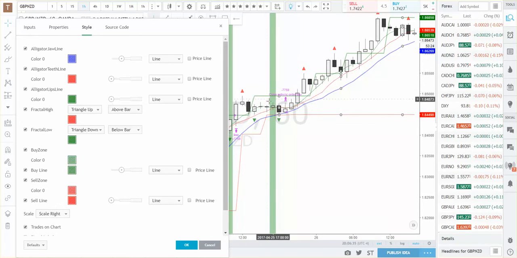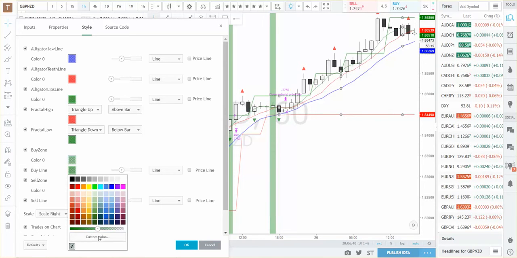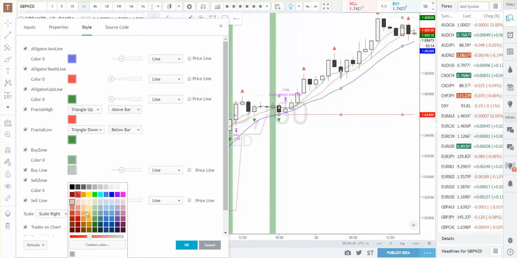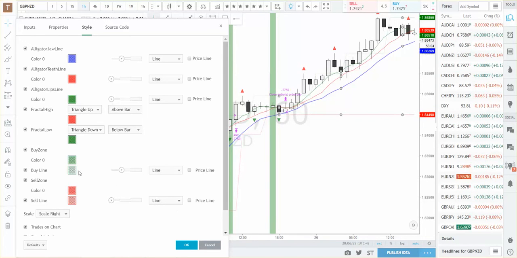Some people may find this a little too busy, so they may want to reduce the transparency on the buy line and on the sell line. That could be a way to declutter the chart a little bit, but still see the lines, just a little more faded. You can change the fractal, it can be above or below bar. You can change the way the fractal looks. So this is all standard TradingView properties.